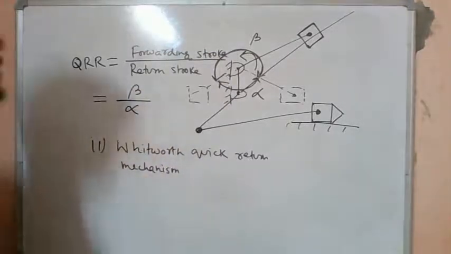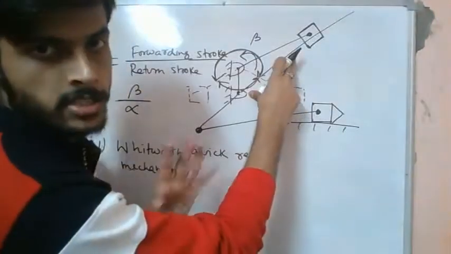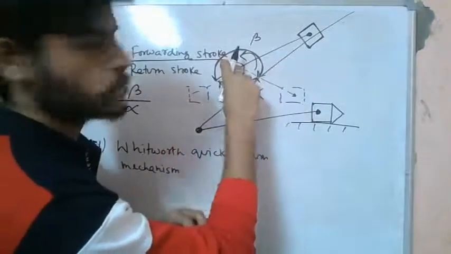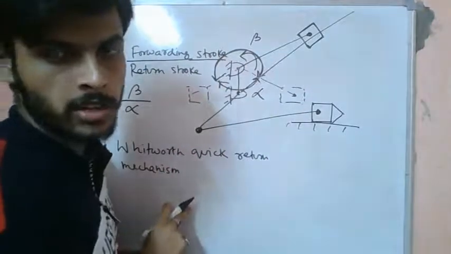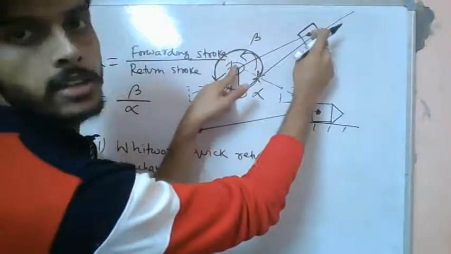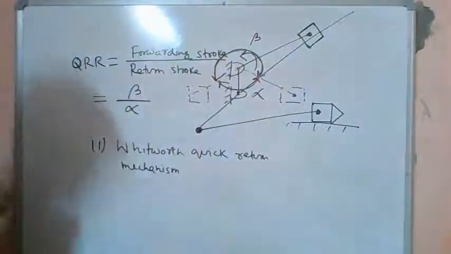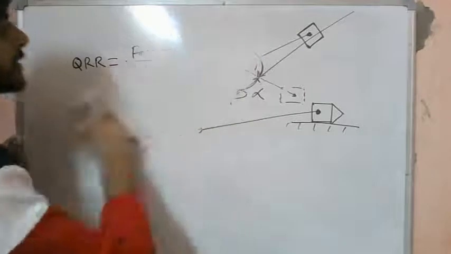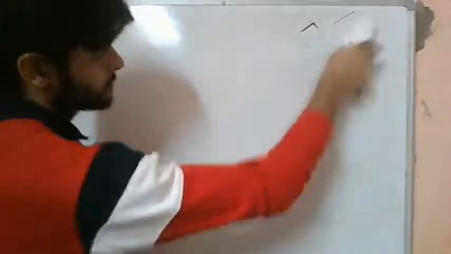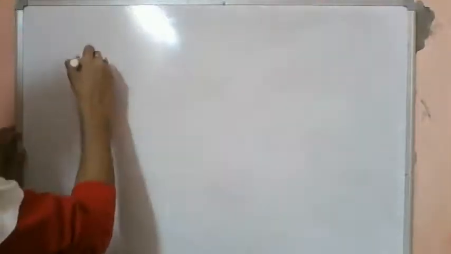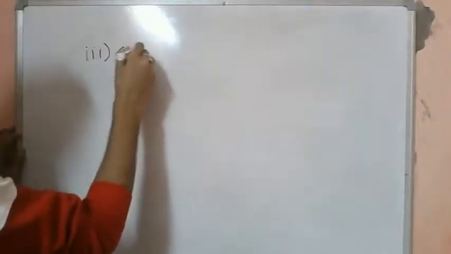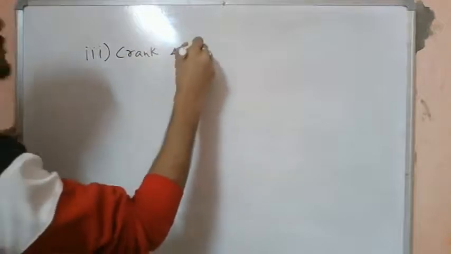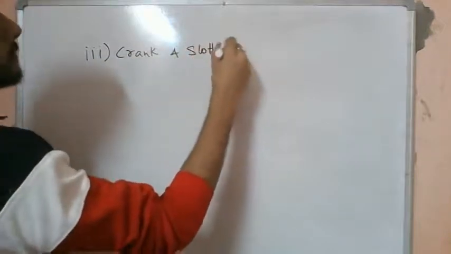Once we fixed the longest link, we obtained the slider crank mechanism. We have now fixed the shortest link, we obtained the Whitworth quick return mechanism. Now we will fix this link, the intermediate link. If we fix the intermediate link, we will get what we call the crank and slotted lever quick return mechanism.